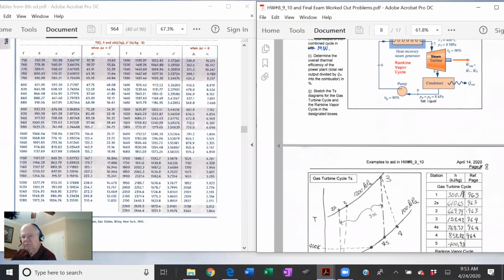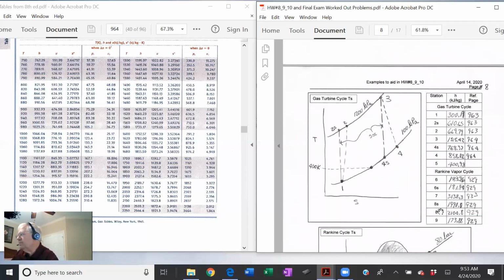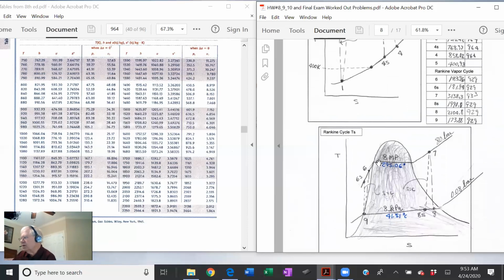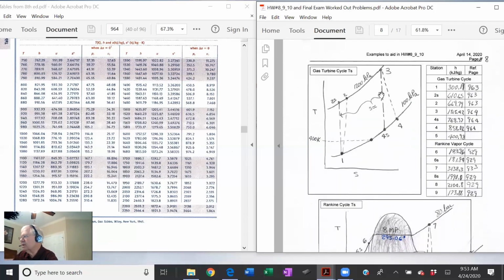But we go through the same, and their T-S diagrams are stacked, they're the same. This point here is what gives you this point, but it's really the same sketch. It's just that you have both of them at the same time.